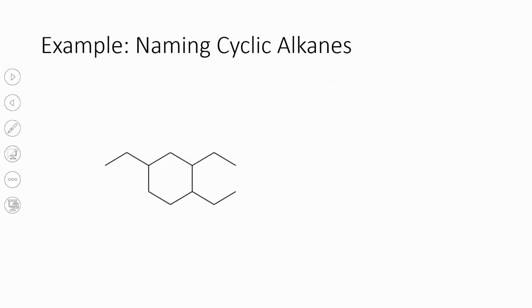Okay, so here, let's do this example. I'll do it up here, and then I think there's one that you guys can practice. So the ring in the middle is cyclohexane. I can just see that because it's the hexagon, or I can count them: 1, 2, 3, 4, 5, 6.